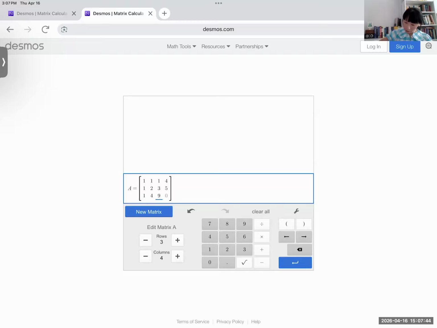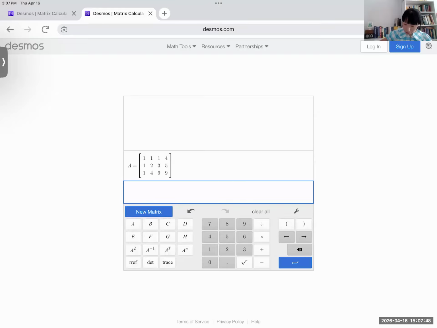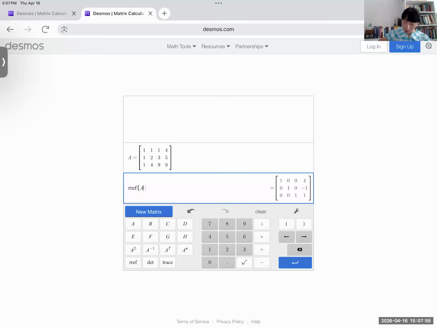Yeah, it's 9. Okay, now enter, and then if we enter, there's a RREF, the row echelon form of A. Okay, then there is a solution.